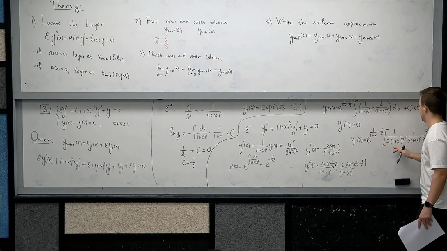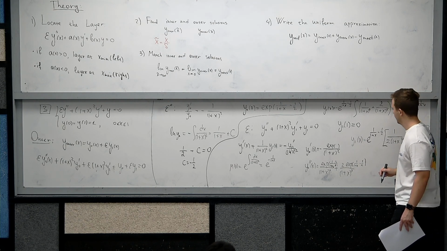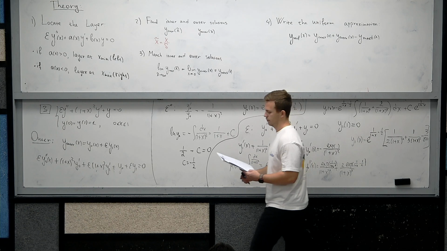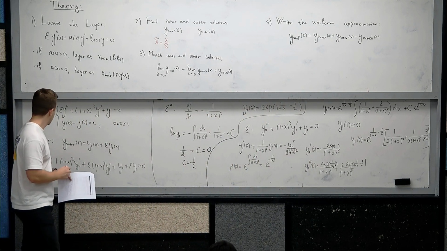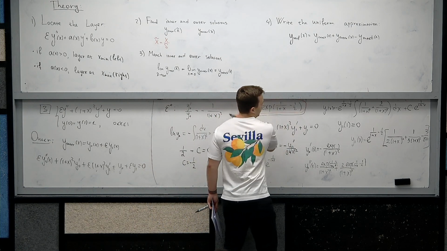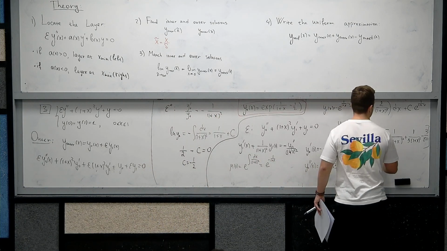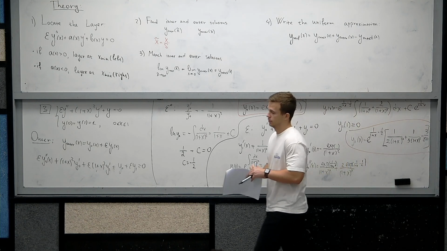And now you can see that it exactly matches after one integration to this. Okay. So, good. We found y naught, which is this, and y1, which is this.